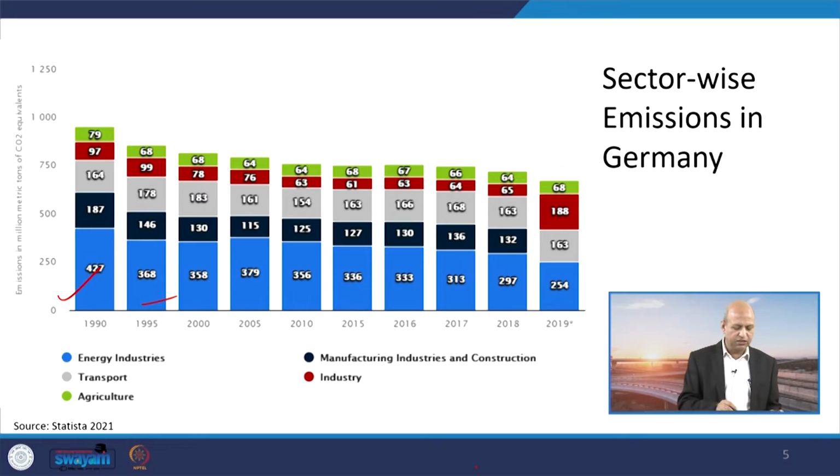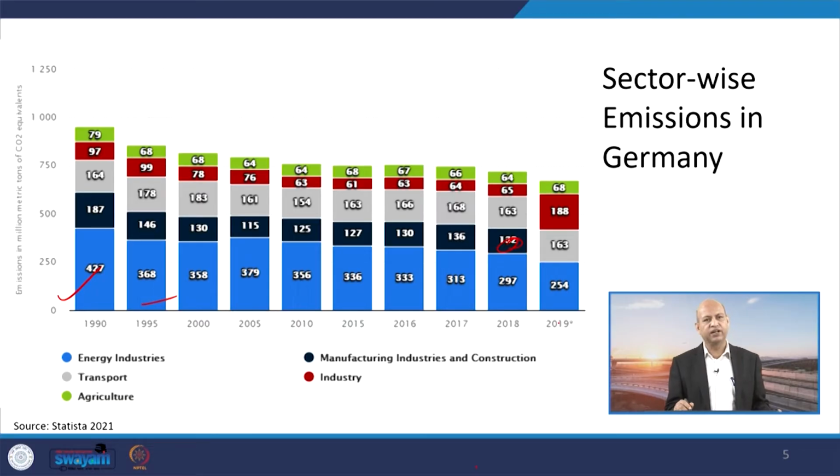The biggest contributor is the energy industries, the second one is manufacturing industries and construction activities, and the third one is the transport sector. In 2019 you will see there is no separate manufacturing or construction category, because this figure is industry, which includes this sector also.